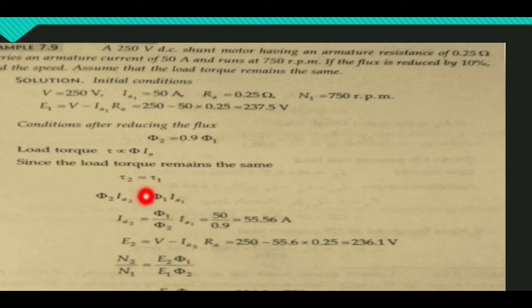According to the question, the load torque remains the same. So Ia2 equals phi1 by phi2 into Ia1.